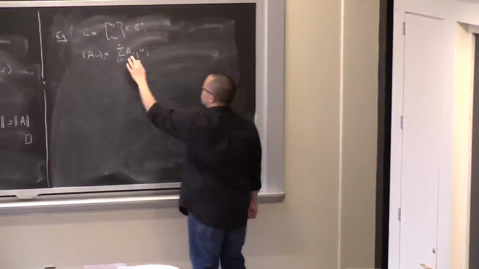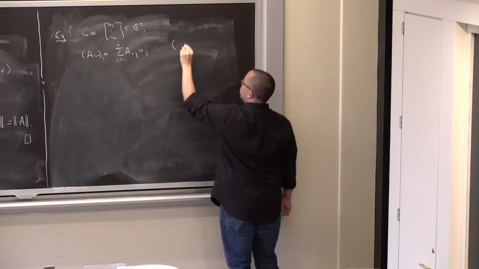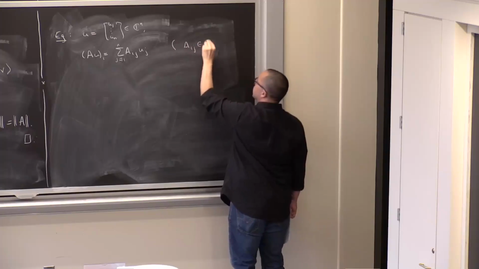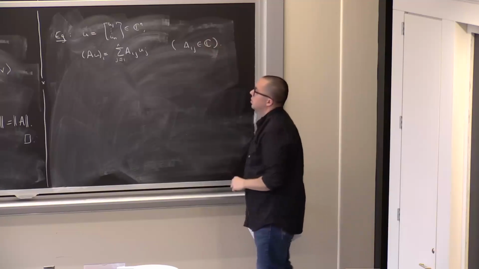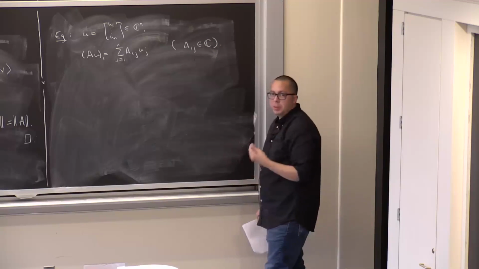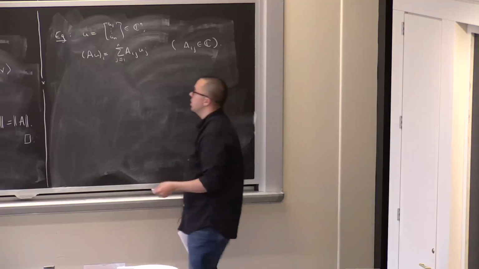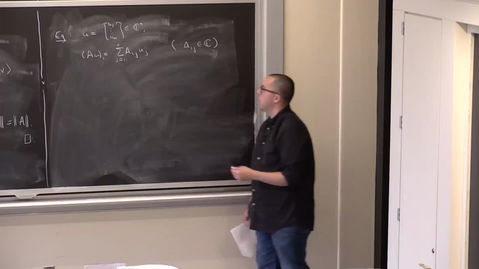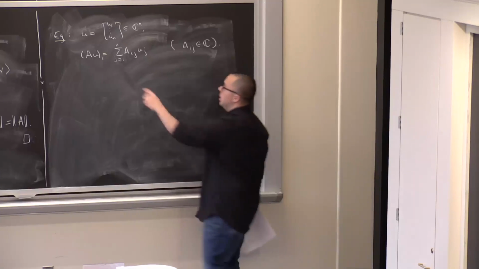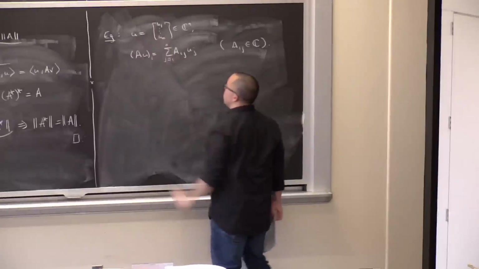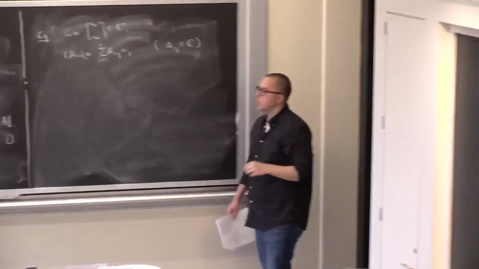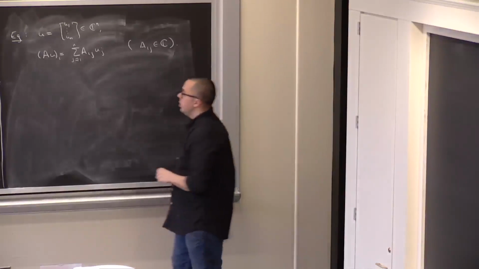Where these are just some fixed complex numbers. Okay, so A is just a matrix. A linear transformation on C^n is always representable by a matrix. And here I'm writing U in terms of the standard basis vectors (1, 0, and so on). Okay.